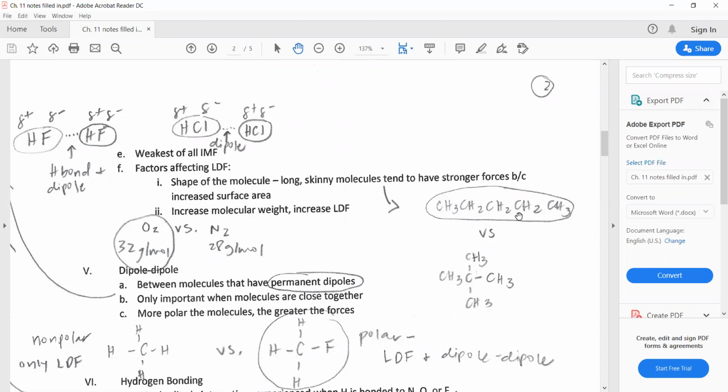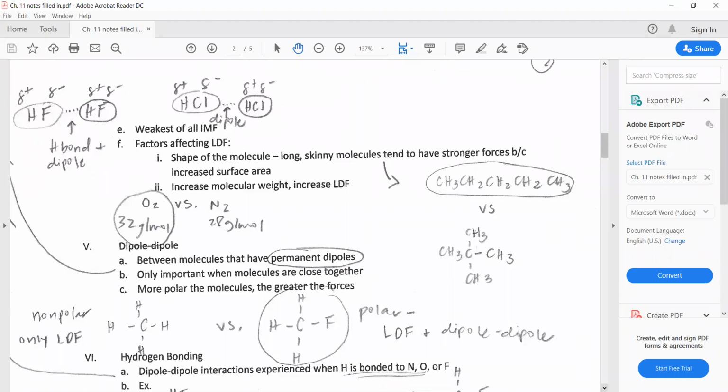So this one would have greater London dispersion than this guy, because if you are not linear and you're kind of a glob or an irregular shape, it's hard for you to get in contact with your neighboring molecule because you're just kind of spheres. You're going to kind of just bounce off each other, whereas if you're linear, you can stack by one another and have greater London dispersion.